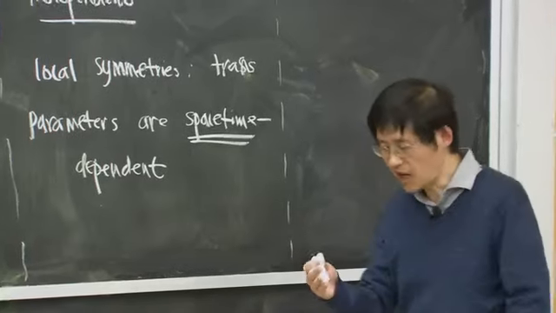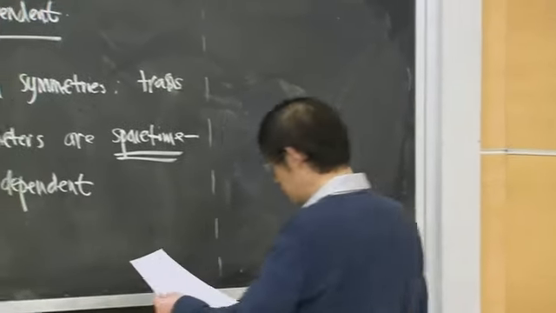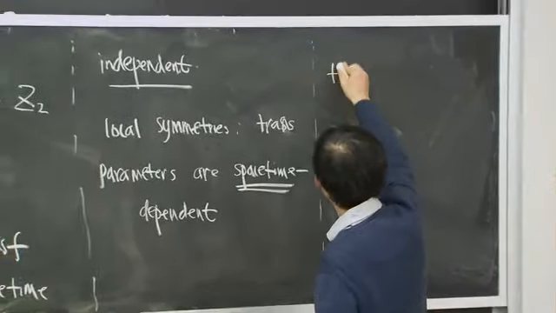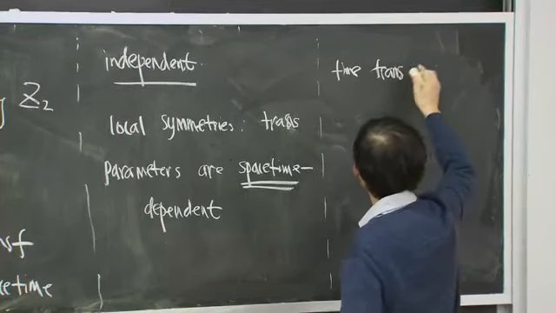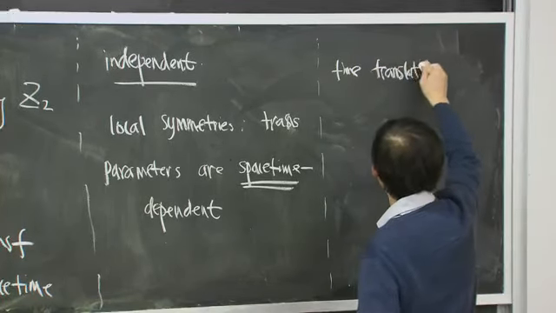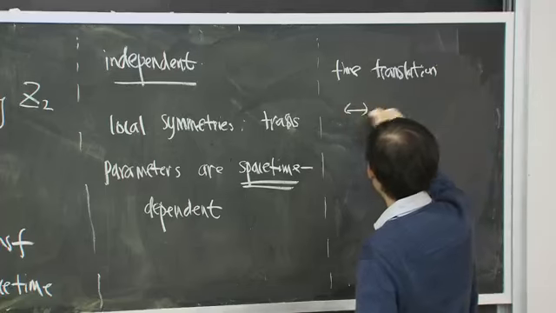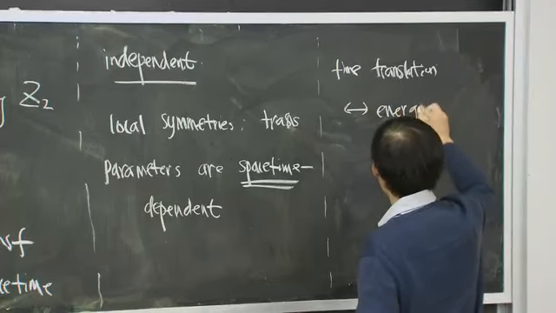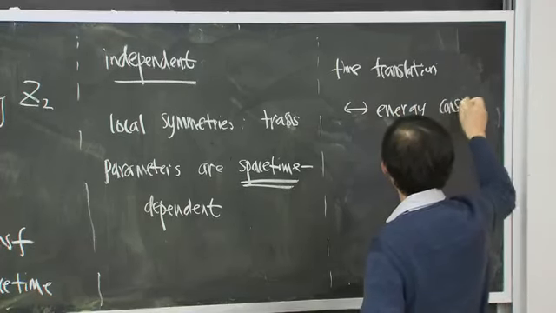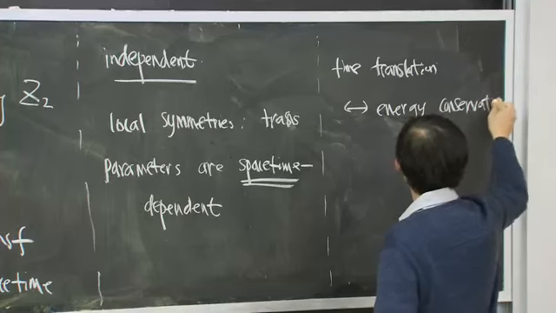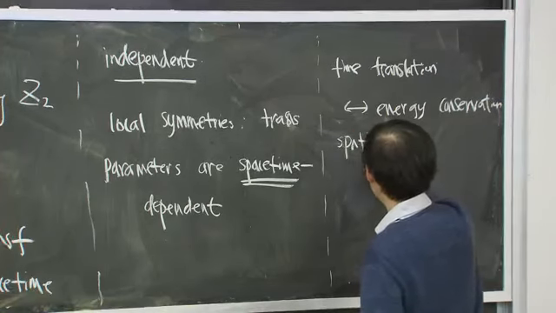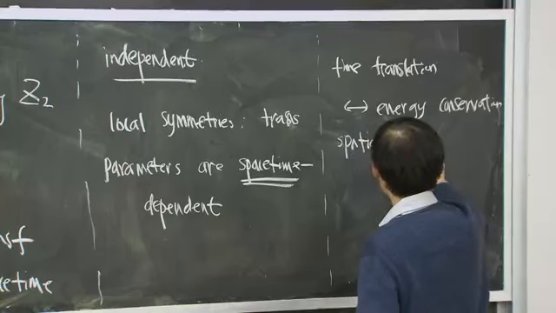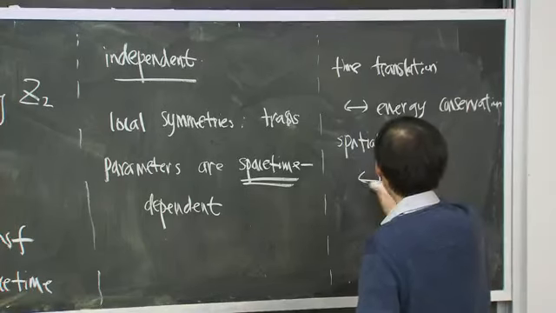So in classical mechanics, you may remember that time translation symmetry leads to energy conservation, and spatial translation symmetry leads to momentum conservation.